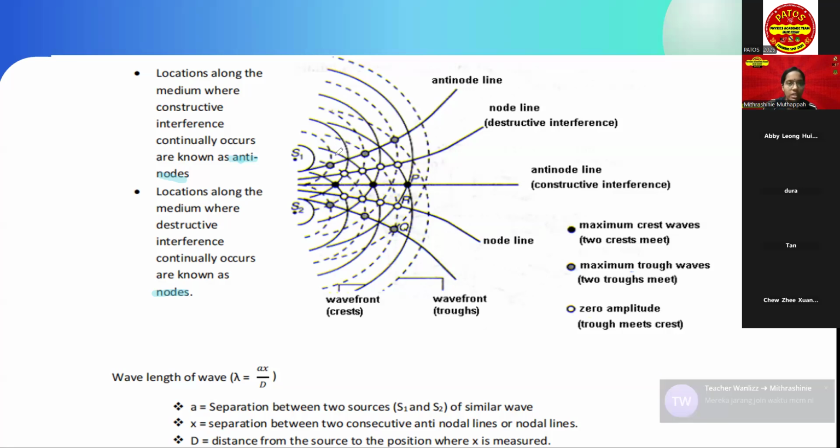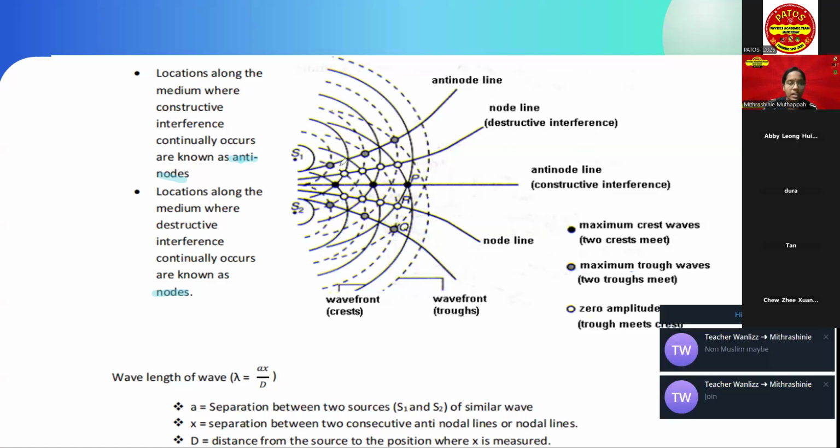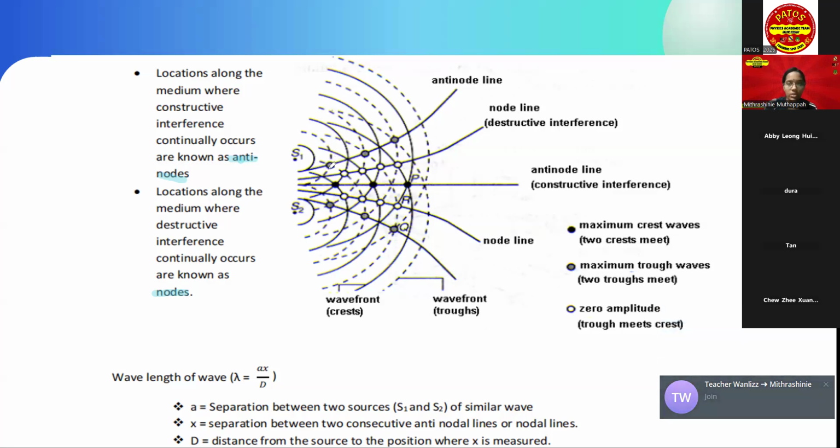There are two troughs, so there's constructive interference occurring. All these points you can see here are troughs, both of them, and all these points are where constructive interference occurs.